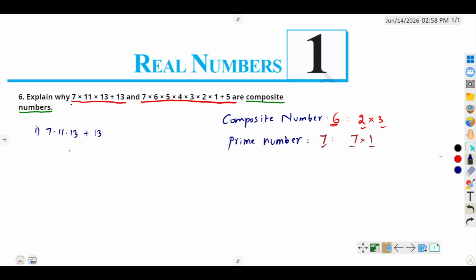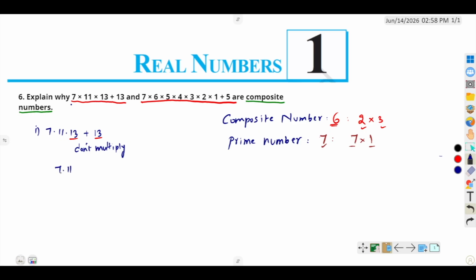Now let's check. It's given as 7 times 11 times 13 plus 13. Okay. So now no need to multiply here, like 7 times 11 times 13. I'm not going to multiply that. If you carefully observe, in the product we have 13 and plus 13.